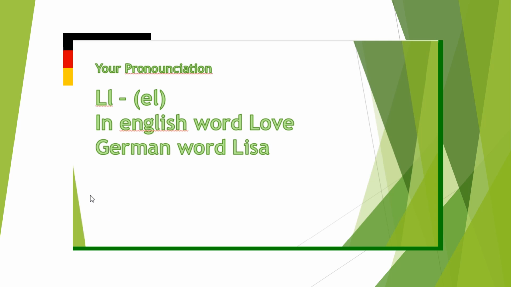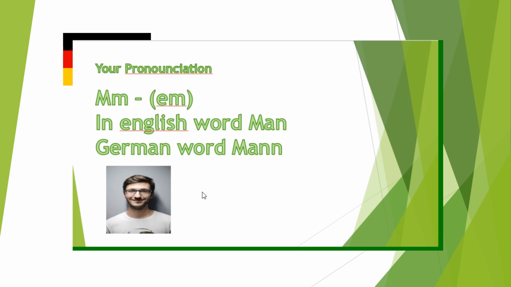L is pronounced as el, like the role of L in the English word love, which is Liebe in German, or if you pronounce Lisa in German. M is pronounced M, like the role of M in the English word man.